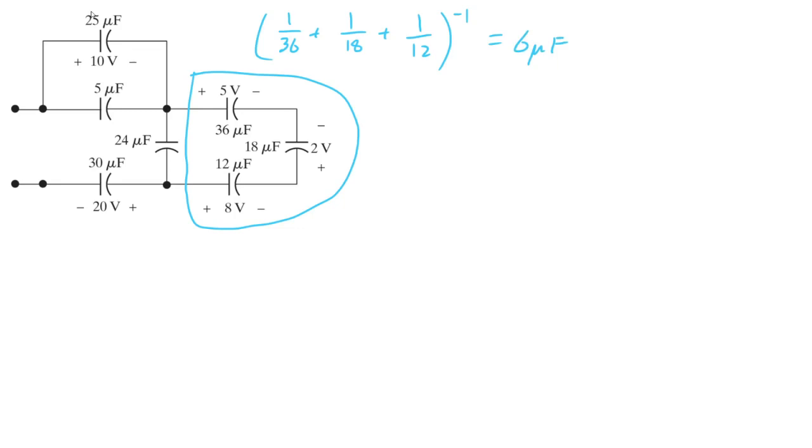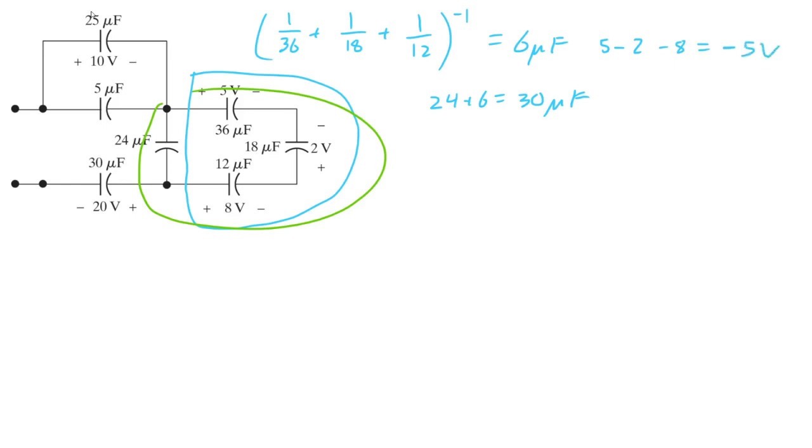And that 6 microfarad is in parallel with the 24. So 24 plus 6 is 30 microfarad. Oh, I almost forgot the voltages. First one, we have 5 volts, then minus 2 volts, and minus 8 volts. So the whole network is charged at minus 5 volts, and minus 5 volts is shared across the 24 and the 6.